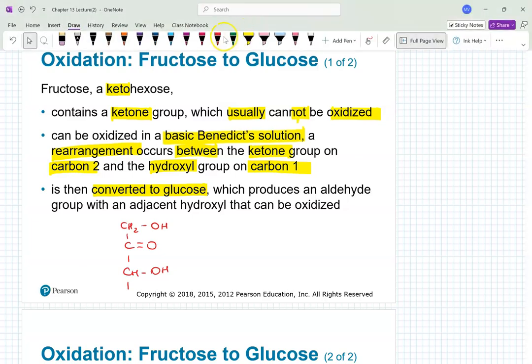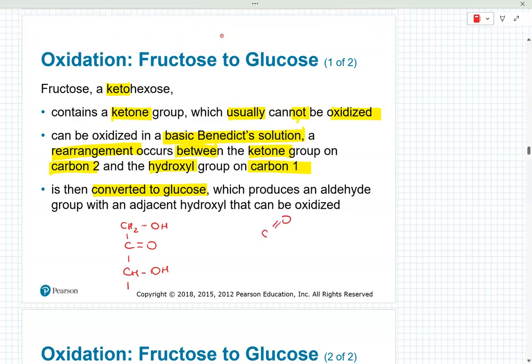Now, glucose, in this case, contains an aldehyde group, okay? So essentially I have a rearrangement of a keto group to aldehyde.